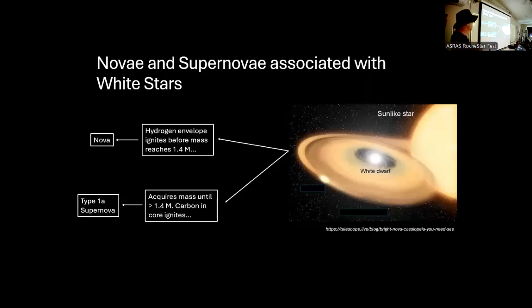So again, this is the process. This is the white dwarf. This is the companion star, and this is the white dwarf stealing hydrogen and helium from the star. And again, if it ignites before the mass reaches the Chandrasekhar limit, it becomes a nova. If it acquires mass until it reaches that limit and surpasses it, and carbon in the core ignites, then it becomes a 1a supernova.